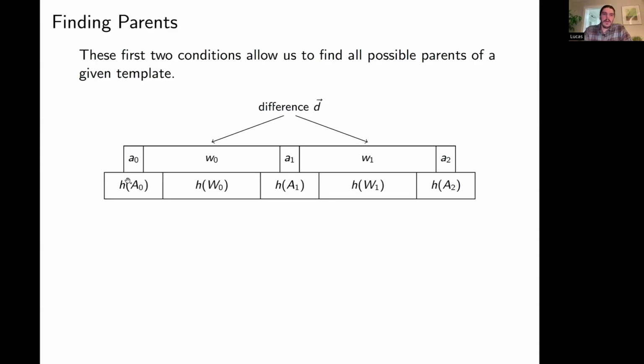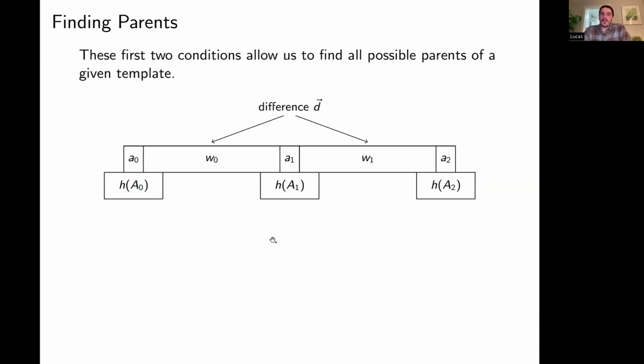Well, first of all, there's only finitely many choices for what big A0, big A1, and big A2 could be, because your alphabet is finite. And there's also only sort of finitely many ways you could position these blocks, right? Because the length of each image of a letter is finite, right?